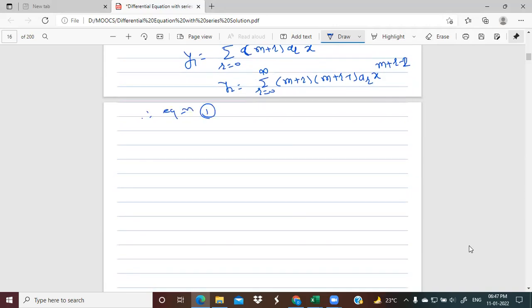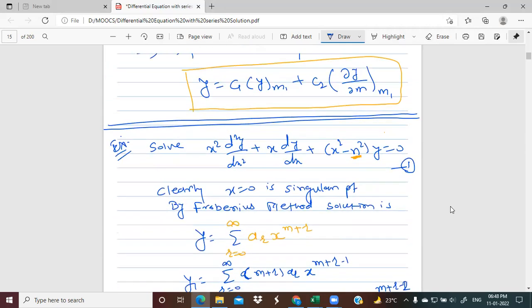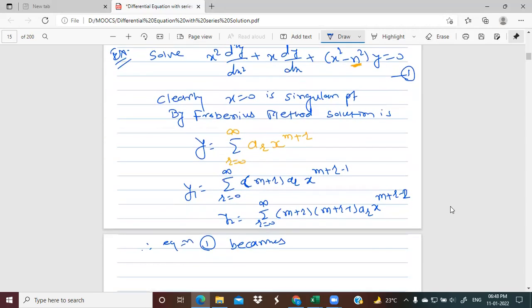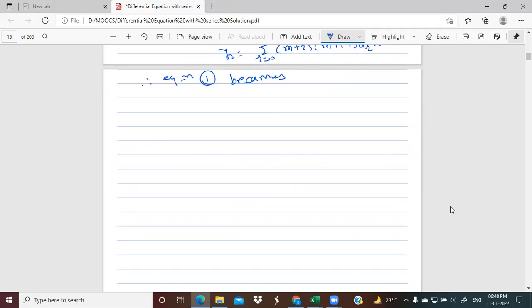Equation 1 becomes x square into y2, the second derivative, plus x into y1, plus x square minus n square into y. What is y2?